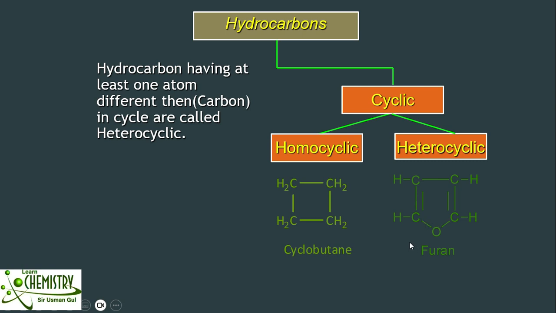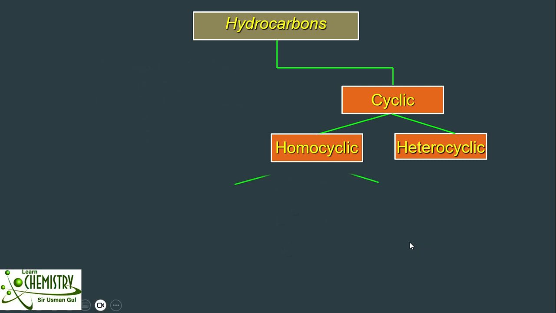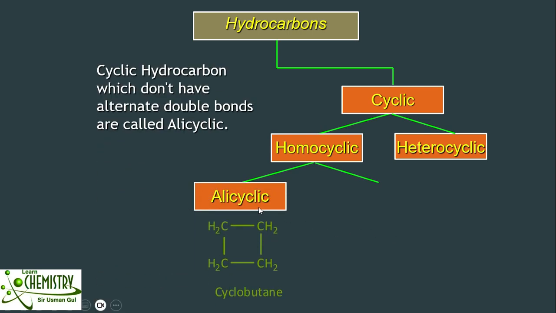Furthermore, the homocyclic are also classified into two groups. Number one group is called alicyclic. Now you can see this one is the same example as I explained in homocyclic. What is the definition of alicyclic?